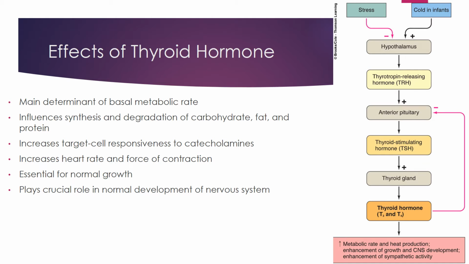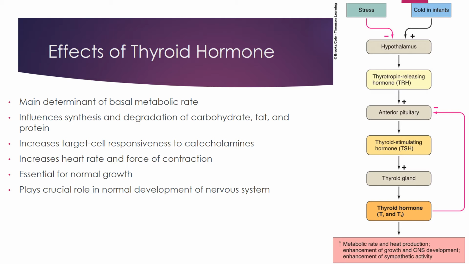The thyroid hormone plays a main function in our metabolism and growth. It's the main determinant of our basal metabolic rate, or BMR. It also helps to influence synthesis and degradation of carbs, fats, and proteins, and helps to stimulate protein synthesis. It also increases target cell responsiveness to the catecholamines epinephrine, norepinephrine, and dopamine.